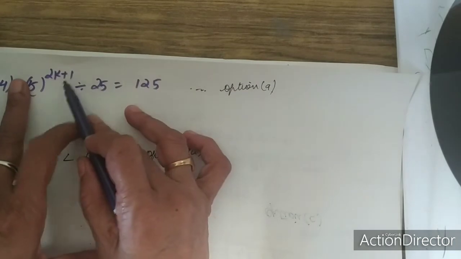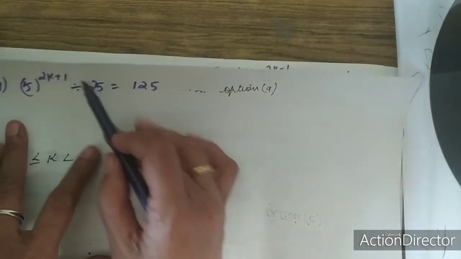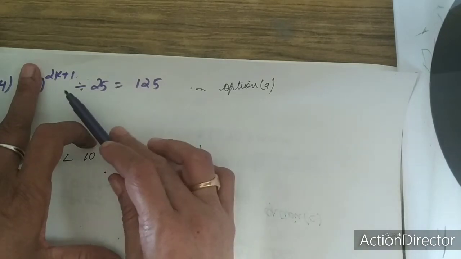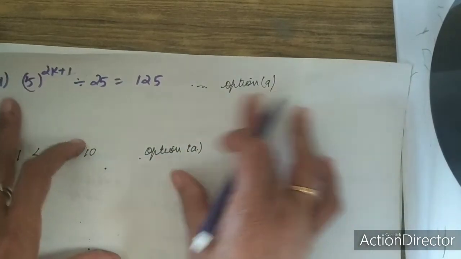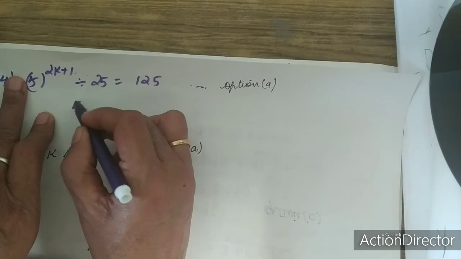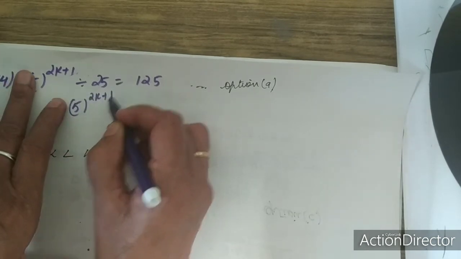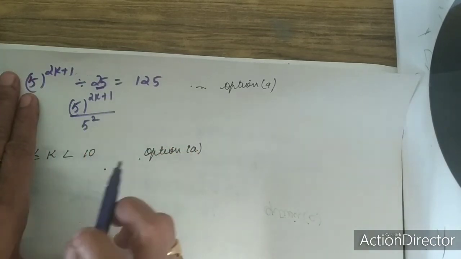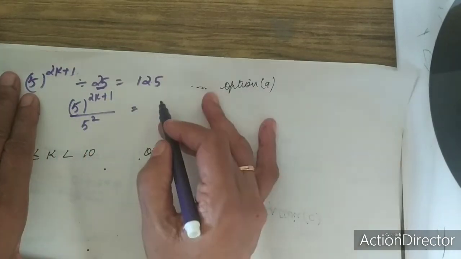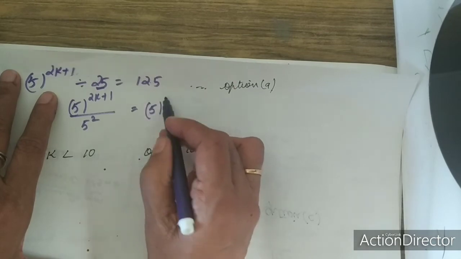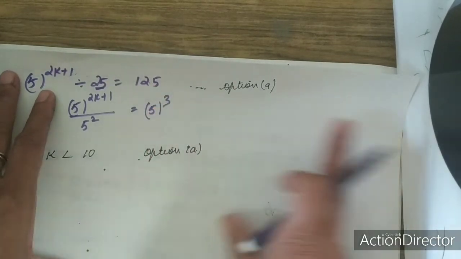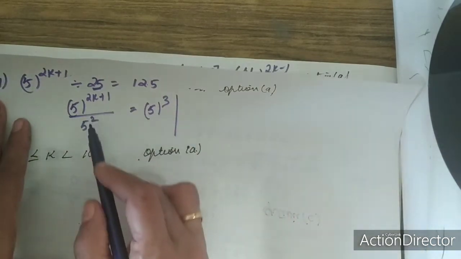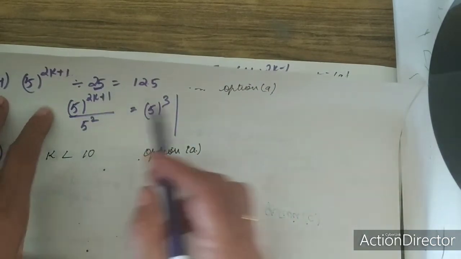It is given 5 power 2k plus 1 divided by 25 is equal to 125, and you have to find the value of k. Now 5 raised to the power of 2k plus 1 divided by 25. This 25 can be written as 5 power 2, and this 125 can be written as 5 power 3. If you don't know how to get this, you can do the prime factorization in the rough column. So the bases are same, so I can apply the division law.